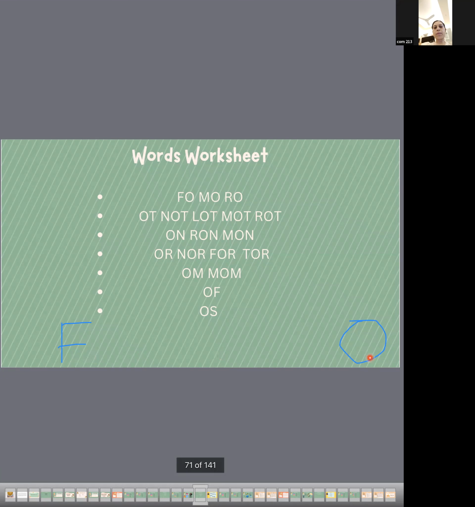Now I will write this F closer so that my pointing becomes a little bit faster. The gap also reduces.